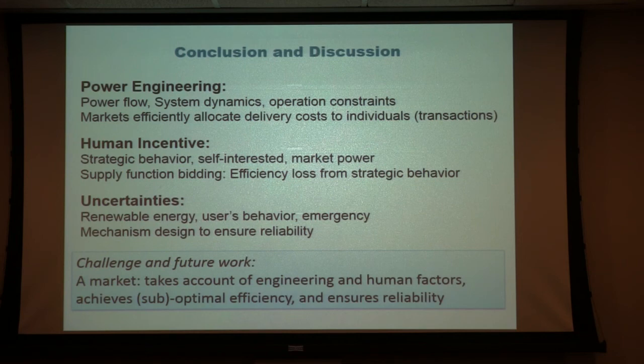That's why we look at the mathematics, get some information from the market, and then improve the market design. So the future work is to put all these things together to look at what market we should build and how we can improve the efficiency. That's the end of my talk.